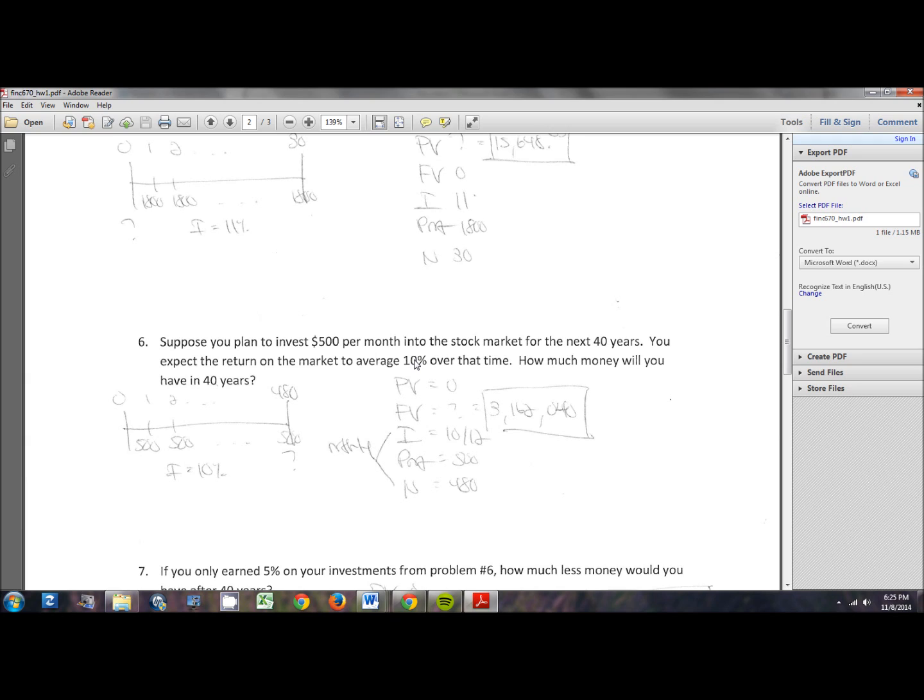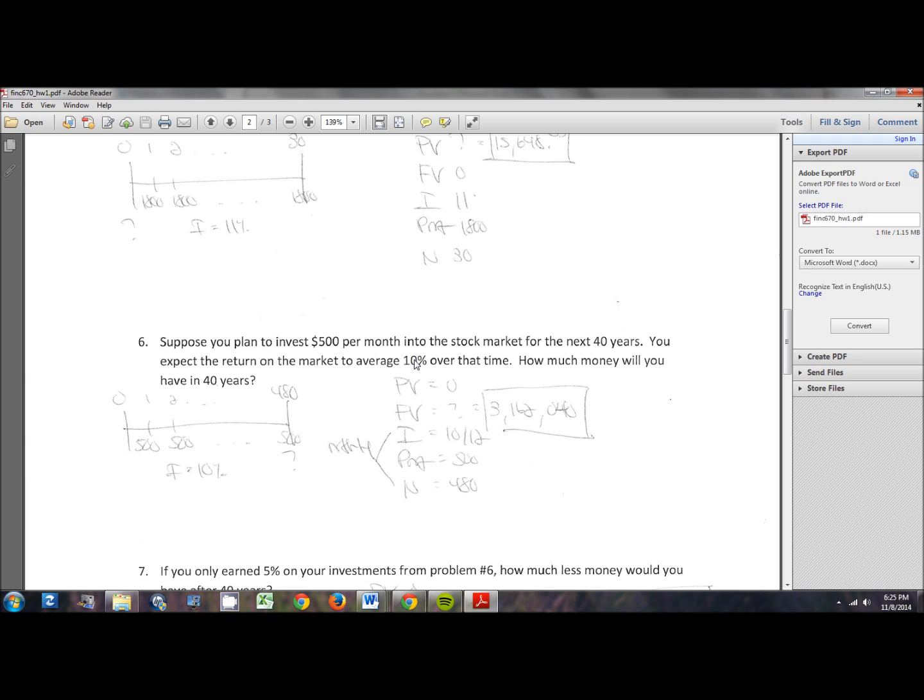So when you see 10% in a problem, you have to assume that's an annual number and then make your adjustments from there. Do not assume that that is some time frequency other than annual, because 999 times out of 1,000 in the biz world, people talk in annual terms when it comes to interest rates.